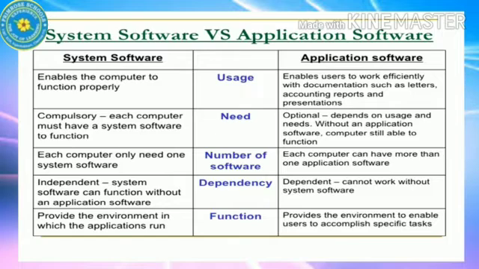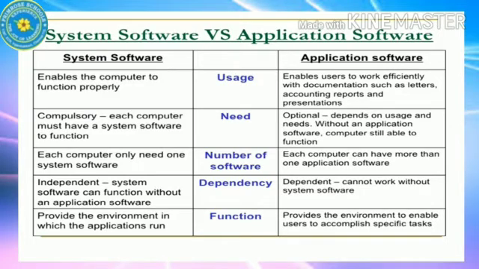The system software is the compulsory software. Each system has to have a system software to function, whereas the application software is not compulsory, it is optional. Based on the usage, based on the need, you can have the application software in your system or you may not have it also.